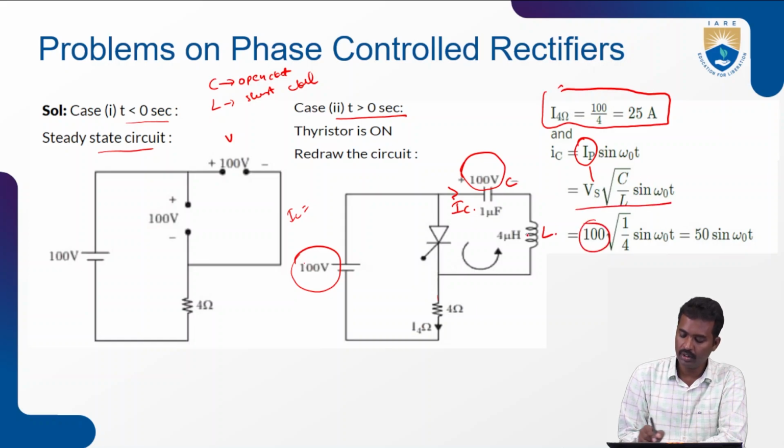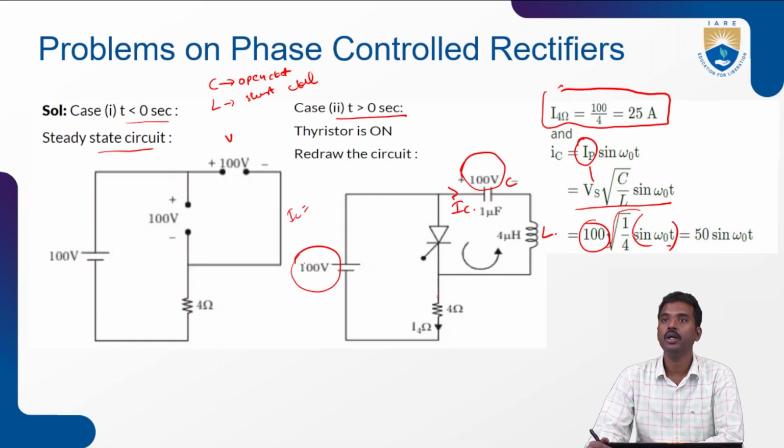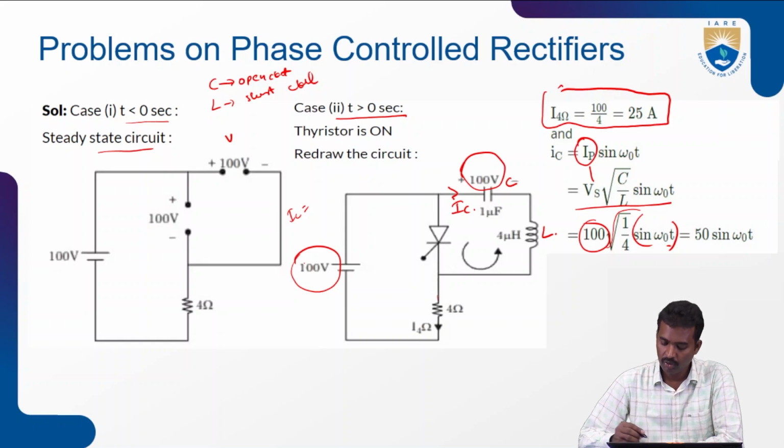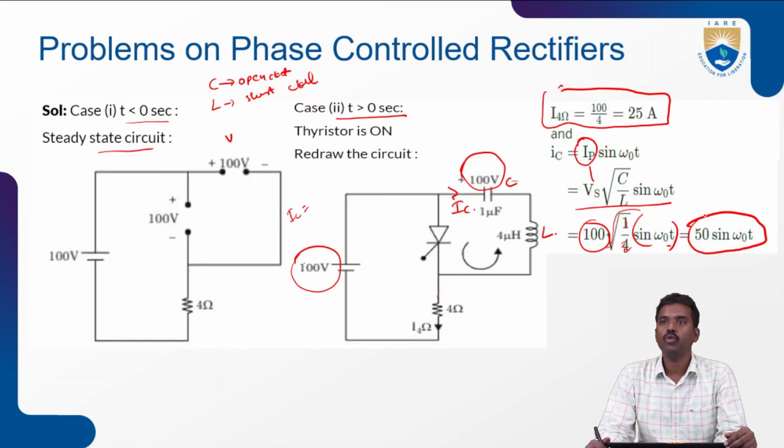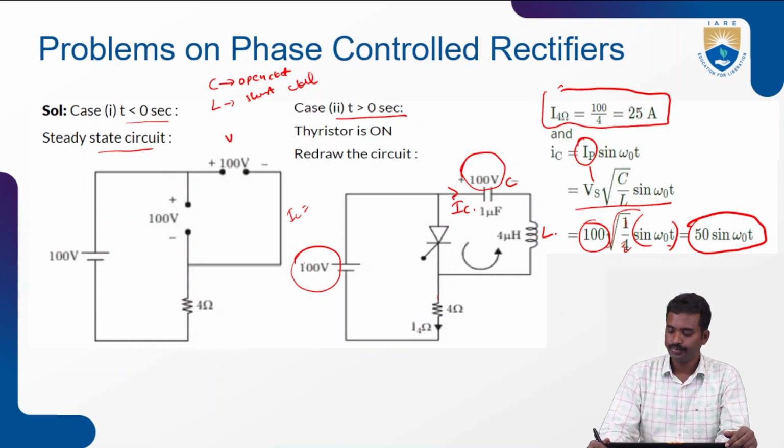So 100 times the square root of 1 microfarad by 4 microhenries, times sine omega naught t, which is 1 by 2, so it is 50 sine omega naught t.